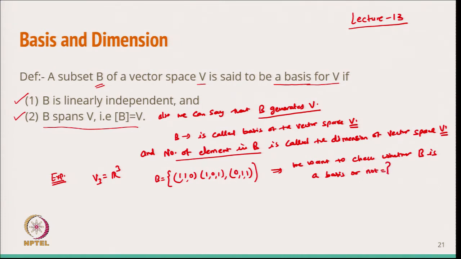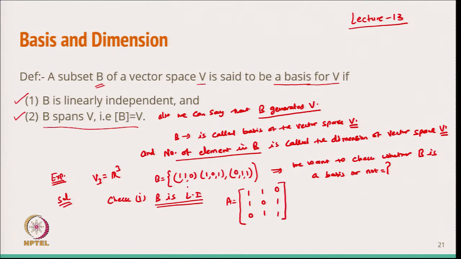So, the first thing is to check whether B is linearly independent. Now, this can be done with the help of a matrix. Because we know that when we write the linear combination, this can be written as 1 1 0, 1 0 1, 0 1 1. So, we come across this matrix.